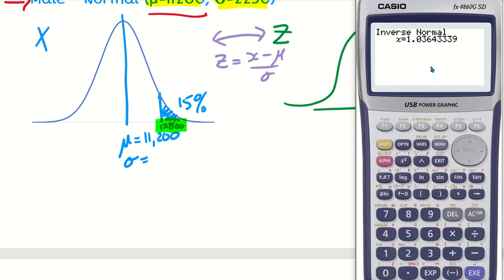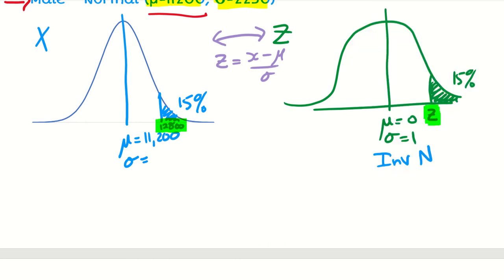That gets me a Z value of 1.036. So Z is 1.036.